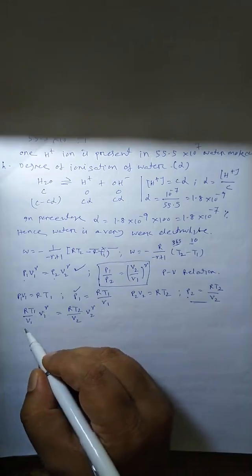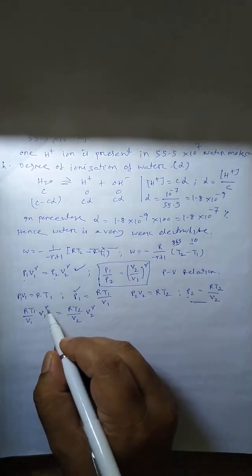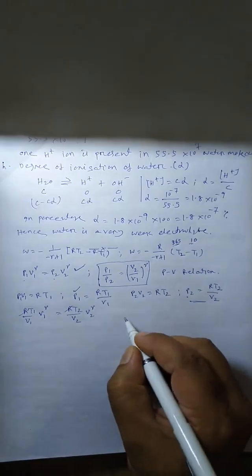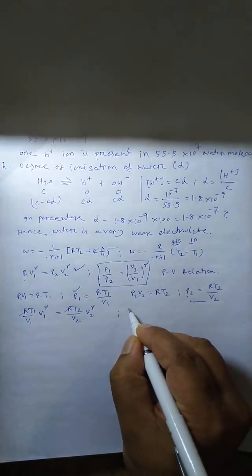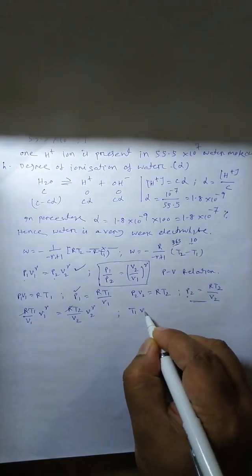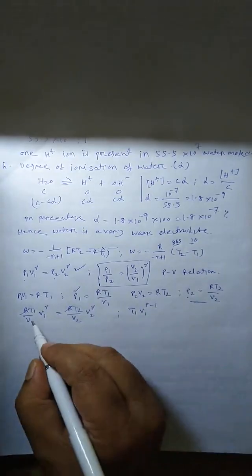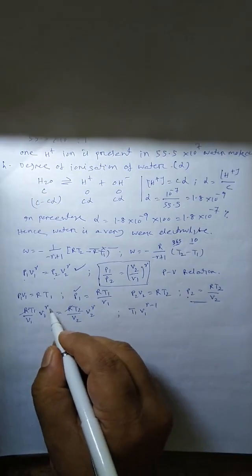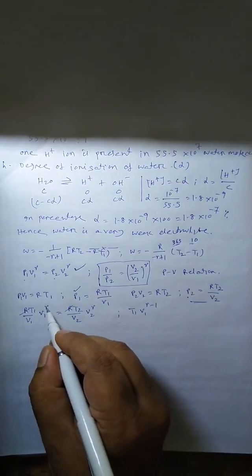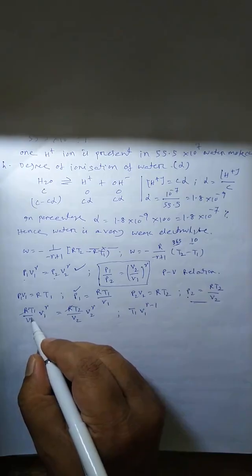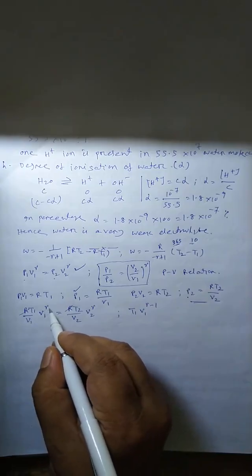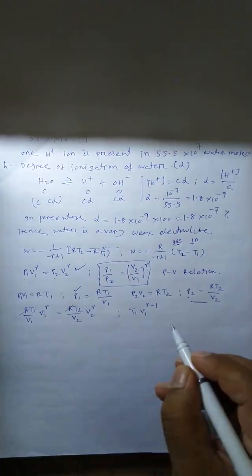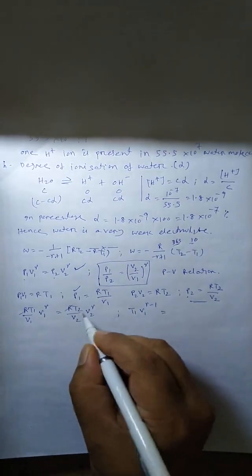When you take this one to the above side, it becomes gamma minus 1, and R is also constant, so it cancels. So now it becomes T1 V1 to the power gamma minus 1. Because the base is same, V1 to the power gamma over V1 to the power 1 gives V1 to the power gamma minus 1.